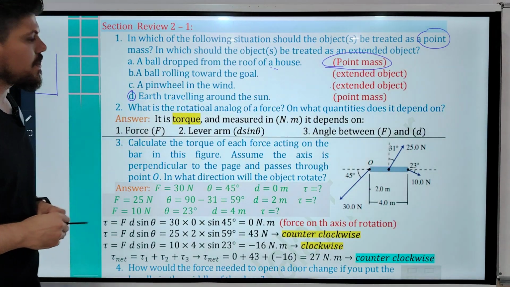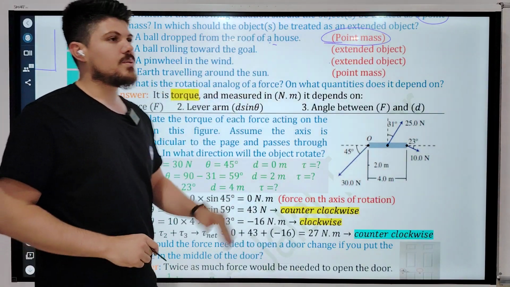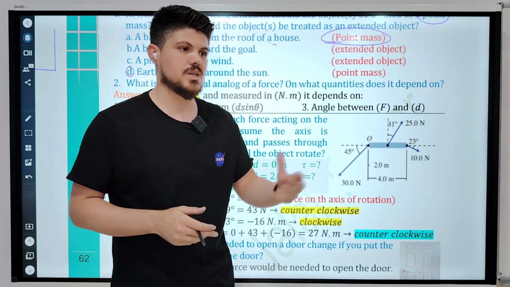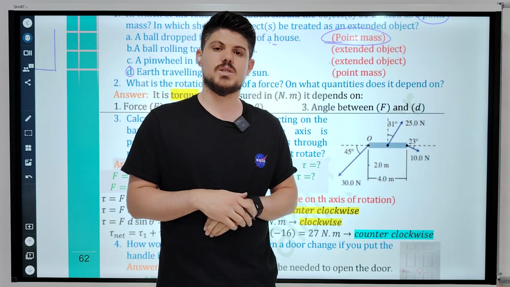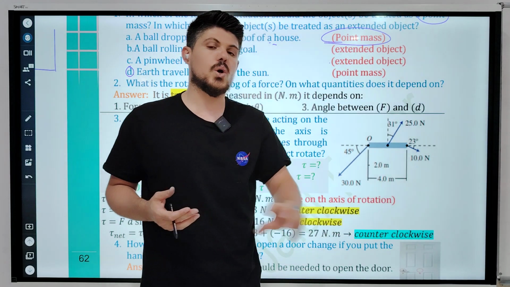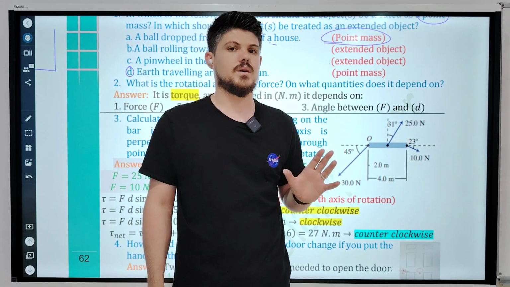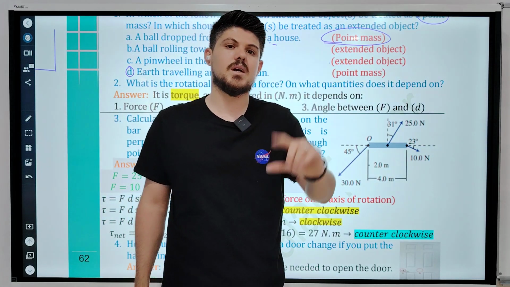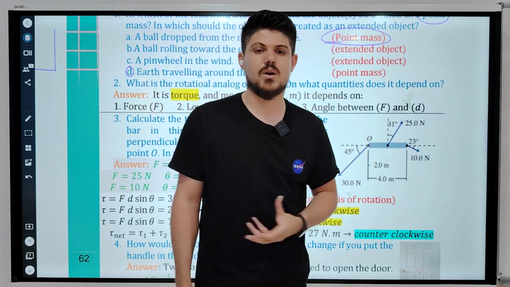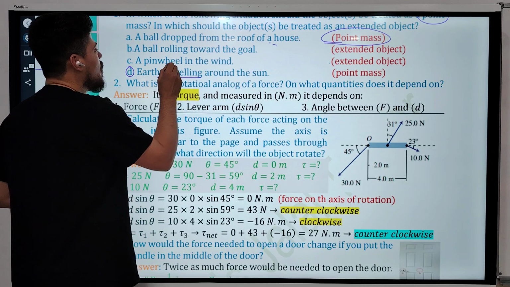Look at D, the last one. Very important, please. Earth traveling around the sun. We know that Earth has both types of motion, translation and rotation. When does Earth have rotational motion and when does it have translational motion? If the question says traveling or orbiting the sun, we have to treat the Earth as translational motion. But when the question says the Earth is rotating around itself, we describe it as the rotational motion of the Earth.